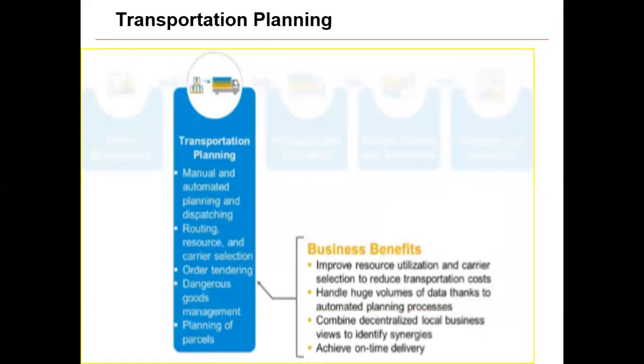Now, transportation planning. Transportation planning is very important for any initial activities of the transportation execution, because planning is the most important activity for the transportation process, which models the business process. In transportation planning, we have manual and automated planning, based on the customer's requirement, and also manual and automated dispatching.